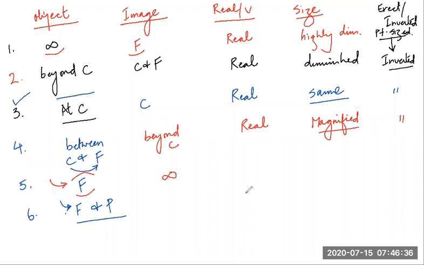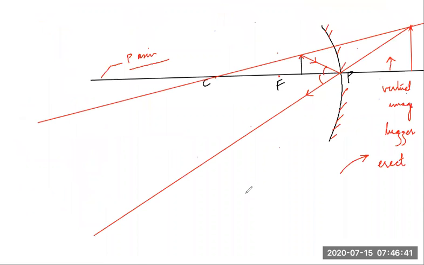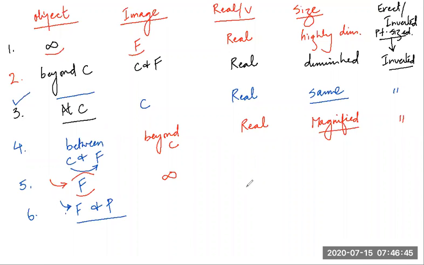Let's see this case where it was at infinity. I think I've grabbed it. So basically, when these lines are meeting at infinity, they will be very, very much below the principal axis. So I could say that it is highly enlarged.